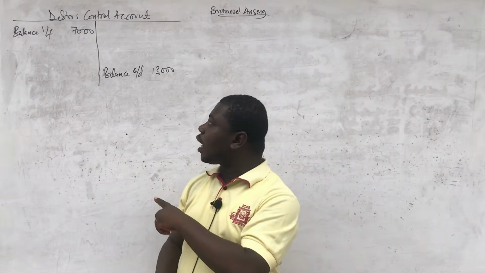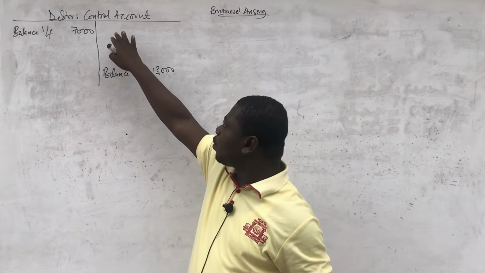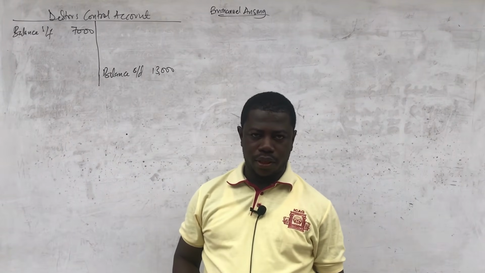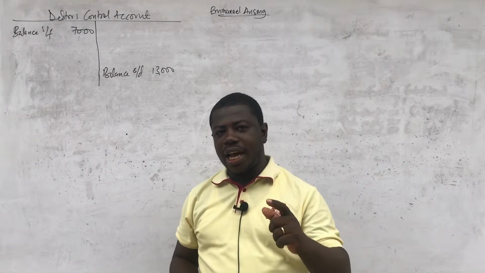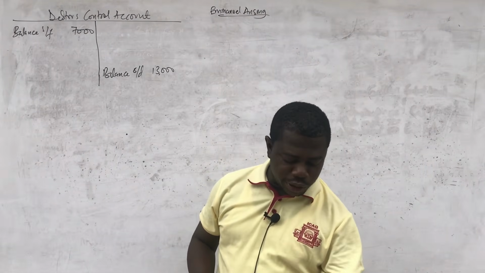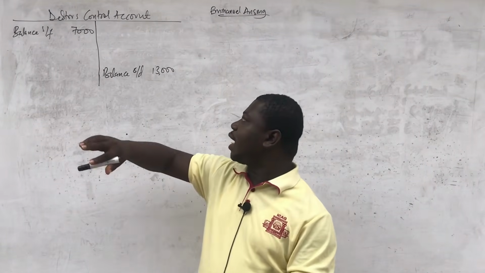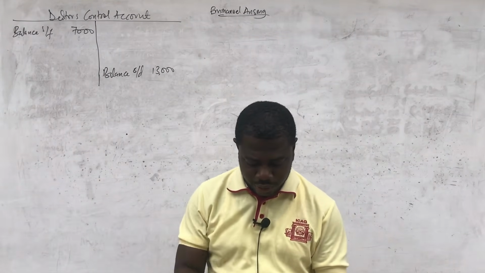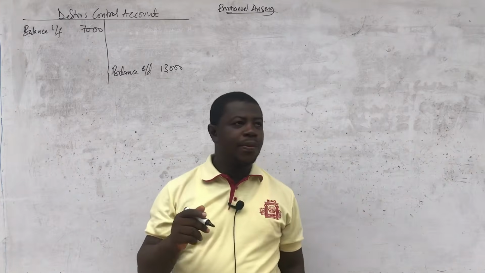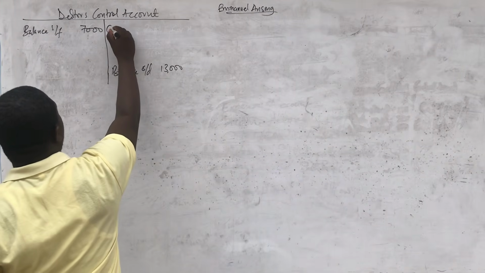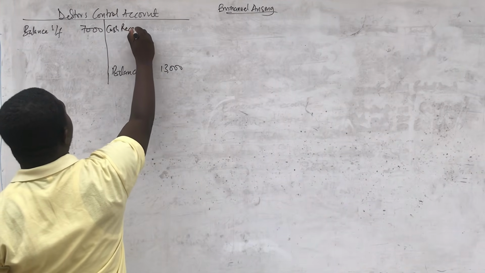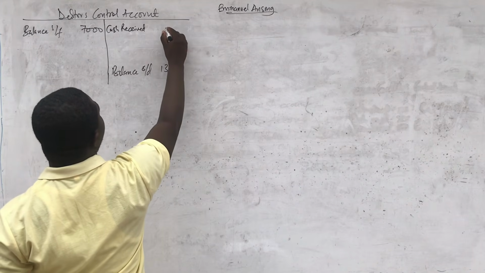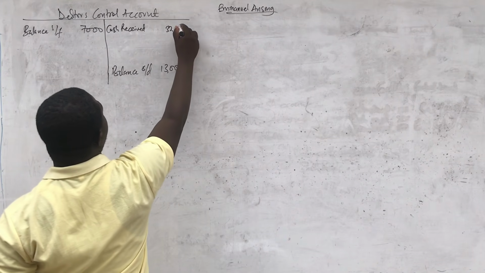And in the control account, cash received from debtors will appear on the credit side. It is on the debit of the cash book, so it would automatically have to appear on the credit of the debtors control account. And so we'll put here cash received from debtors, 32,500 according to the question.